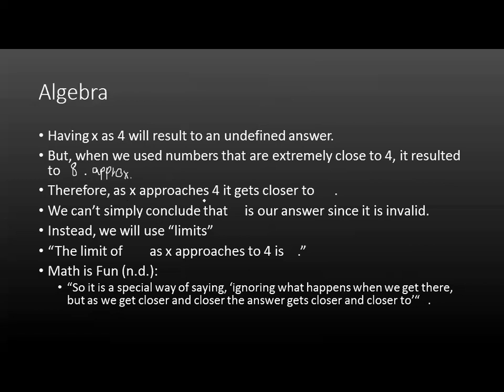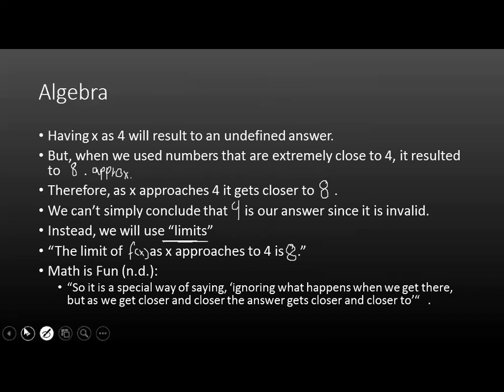Therefore, as x approaches 4, it gets closer to 8. We can simply conclude that 4 is not our answer since it is invalid. Instead, we will use limits. So the limit of the function as x approaches 4 is 8.